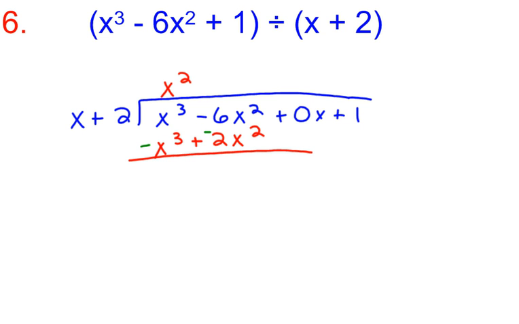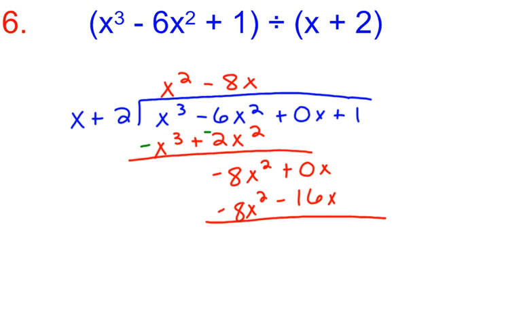Draw my line. My x cubes add up to 0, which is what I was hoping for, and I have negative 8x squared here. Then I bring down the plus 0x. What times x makes negative 8x squared? Negative 8x. And then I distribute that negative 8x to the x plus 2, so I'd have negative 8x squared minus 16x. Change my signs again.